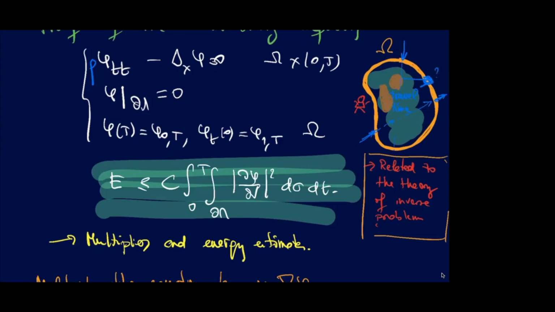So the fact that when you send a signal in this direction, you recover the outcoming component of the signal over there, immediately tells you that there is something here that in principle is not compatible with a clean, homogeneous medium.